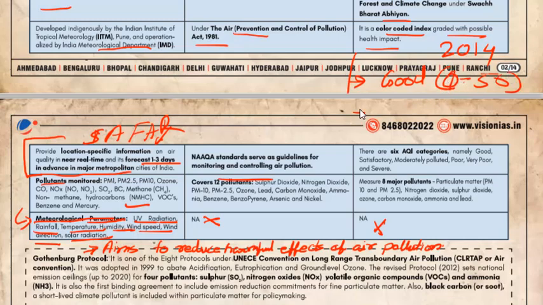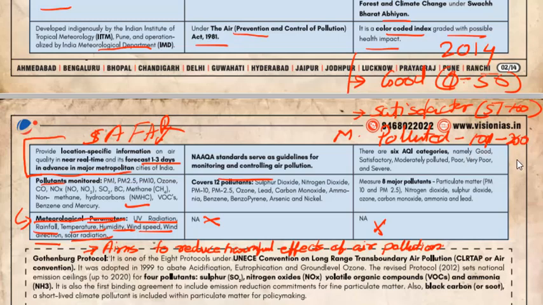Next is satisfactory, which is 51 to 100. Next is moderately polluted, for 101 to 200.